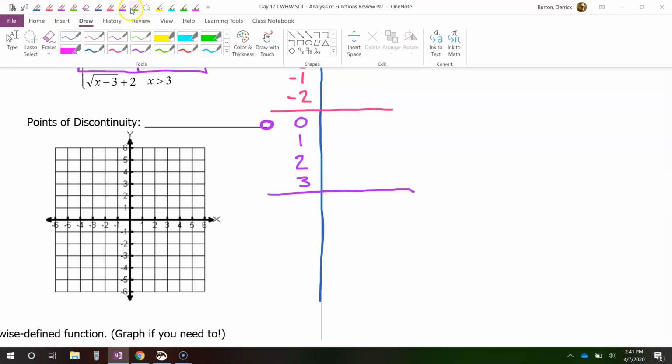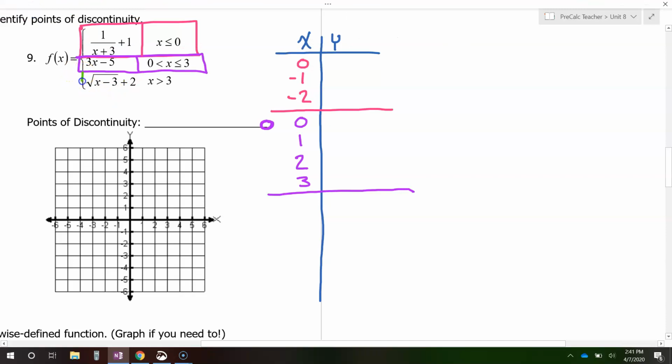All right, and finally we will do the third piece in green. The domain tells me that the x values need to be greater than 3. Even though it says greater than 3, I'm still going to start with 3. But again, because it can't equal 3, this is going to have to be an open circle.